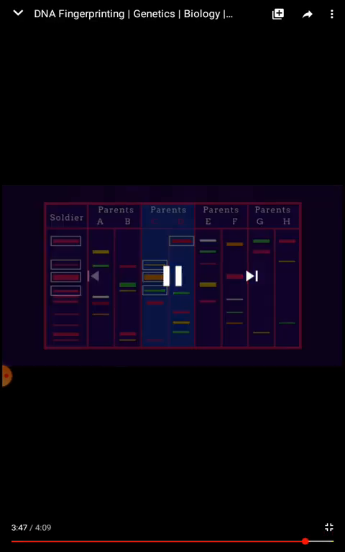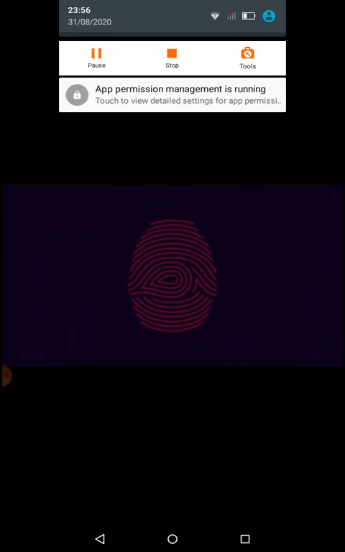So which set of parents is the soldier the son of? Pause the video while you decide. Parents C and D. As you can see, he inherited the first band from parent D, and the second, third, and fourth from parent C, and so on. So now you understand how DNA profiles or fingerprints are made and seen some examples of where they can be used.